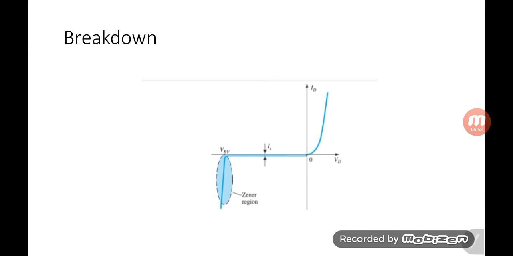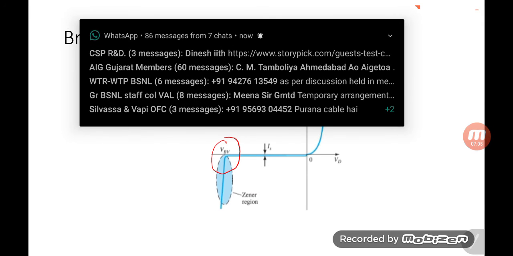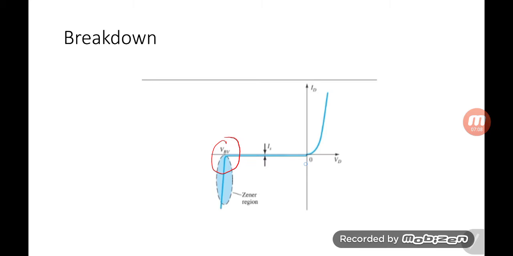Now if you apply a large amount of reverse bias voltage, you will get a large reverse current. Ideally the current in reverse bias should be 0, and it is very small, so we can consider it 0. But as the voltage across the diode increases in the reverse bias region, the velocity of minority carriers responsible for the reverse saturation current will also increase.